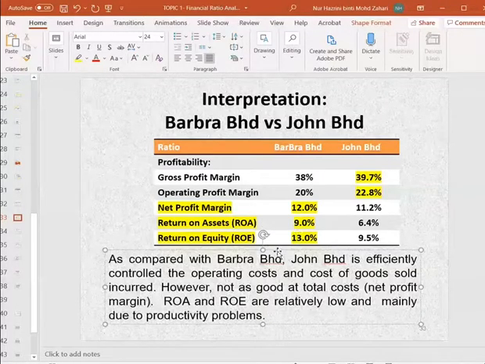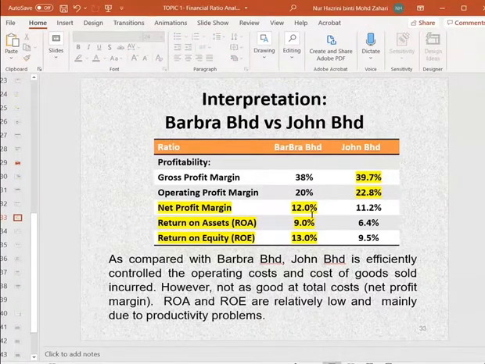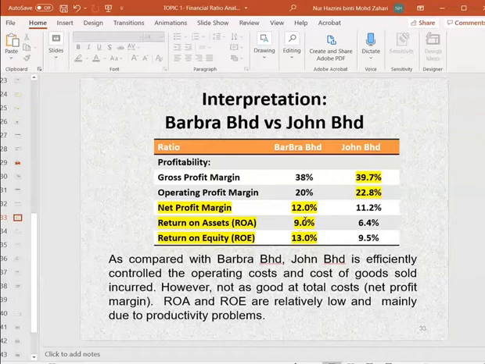Okay, so ROA and ROE are relatively low, mainly due to productivity problems. So Barbara, as you can see here, from every 1 ringgit invested in asset, Barbara can generate 9 cents of profit, and from every 1 ringgit invested in equity, Barbara can make higher net profit.